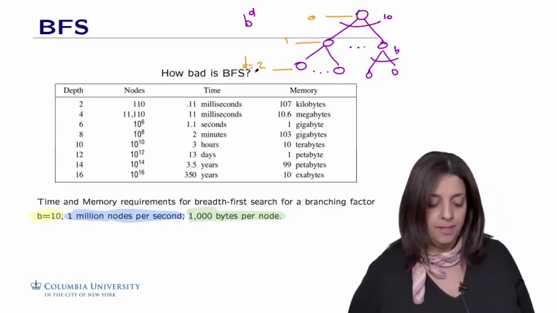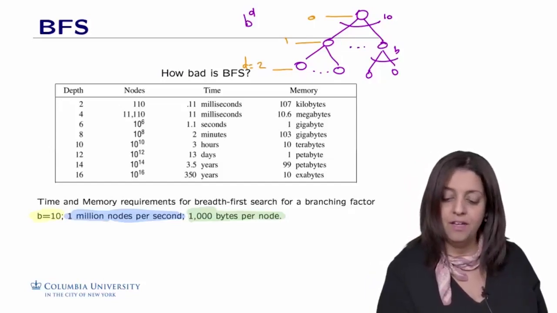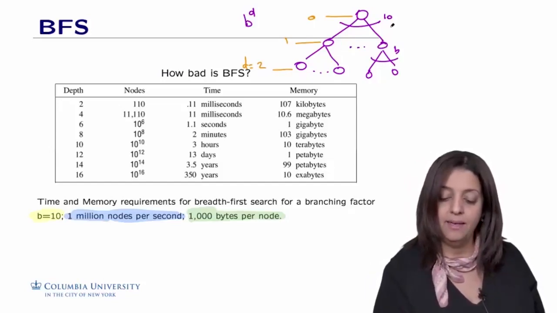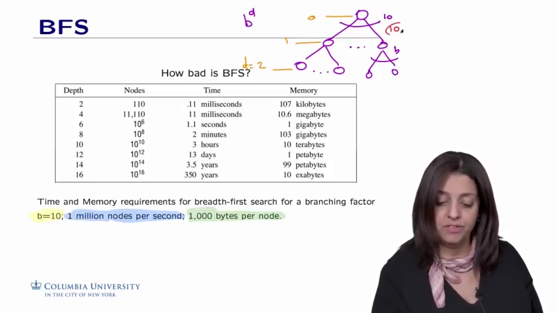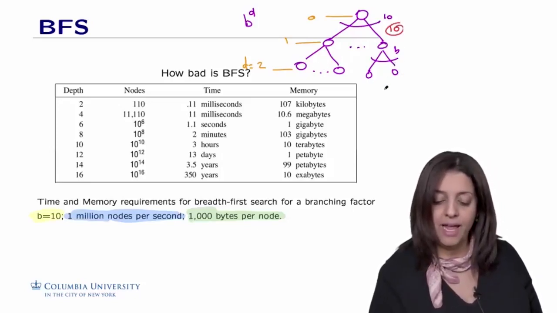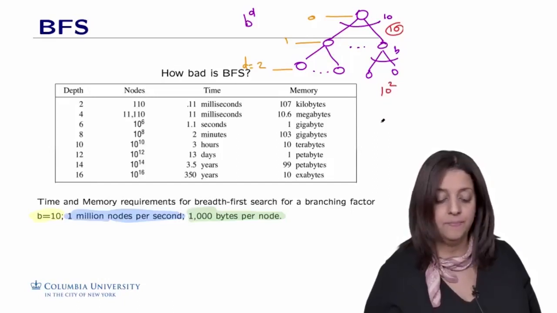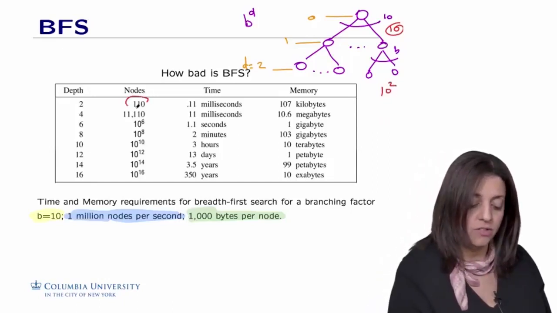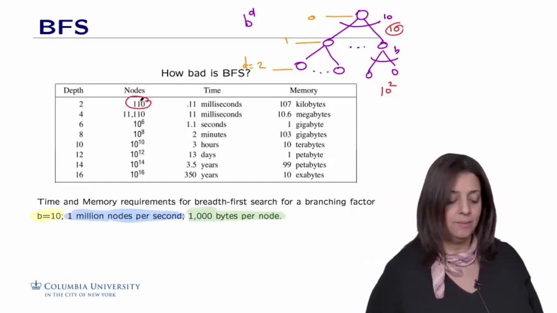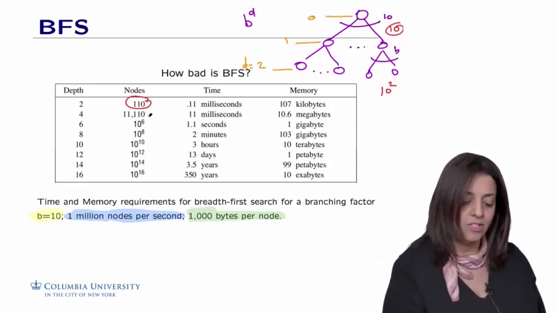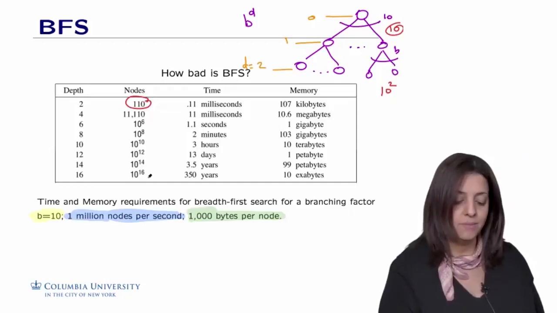For the first level, we'll have 10 possibilities. For the second level, we will have 10 to the 2, which would be 100. So the total would be 110 nodes generated for depth equal to 2. I'm going to do a similar process, and you can see that the number grows really exponentially.